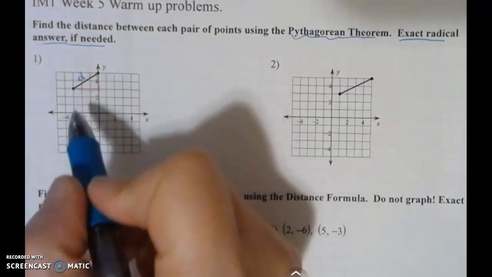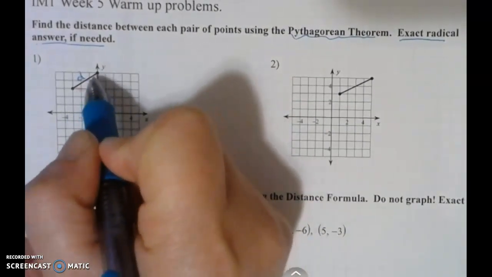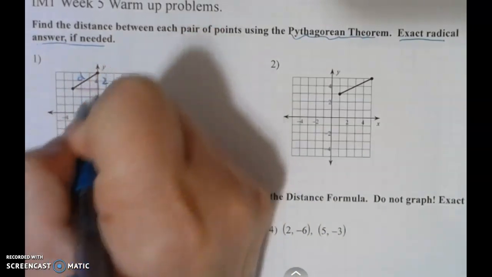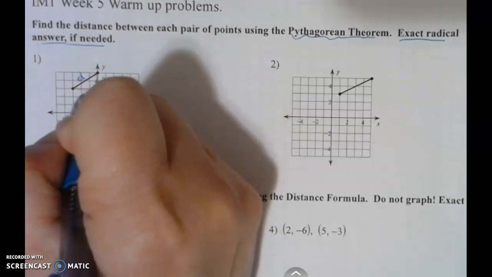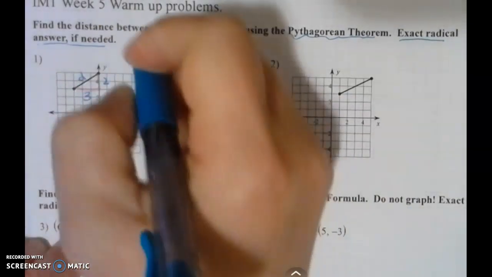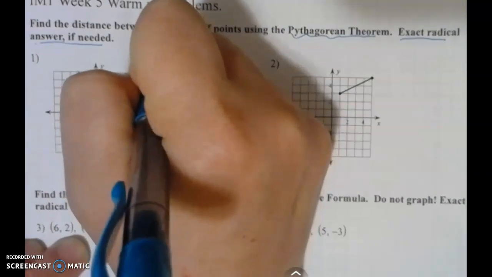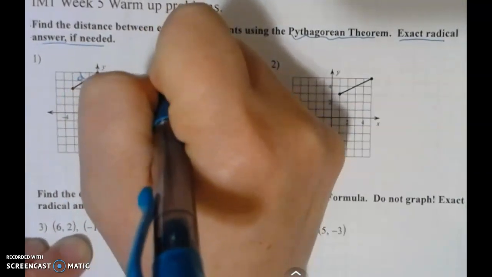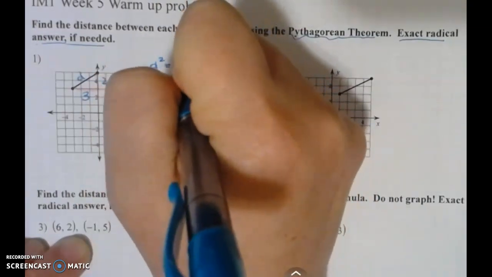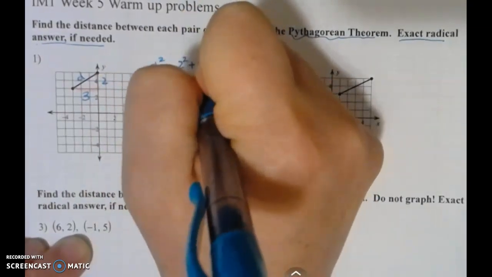So in this case, there's my right angle triangle. I know that the height is 2 units and the base is 3 units. That means that distance squared, using the Pythagorean theorem, a squared plus b squared is c squared, is 2 squared plus 3 squared.